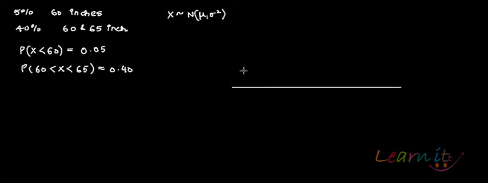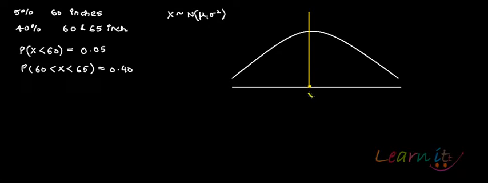Well, this is the mean of the distribution. This one here, this is x equals mu. Now you know that mean and median of the normal distribution are equal. In fact, mode is also equal.